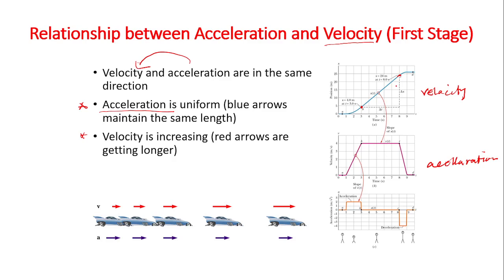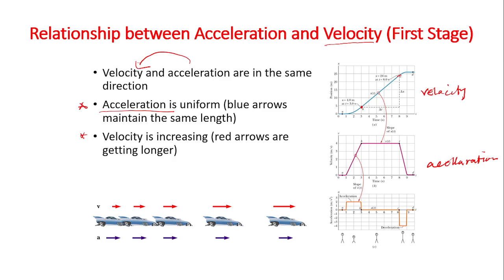In short, when the velocity is constant, acceleration is 0. Take note of that. When the velocity is constant, acceleration is 0.